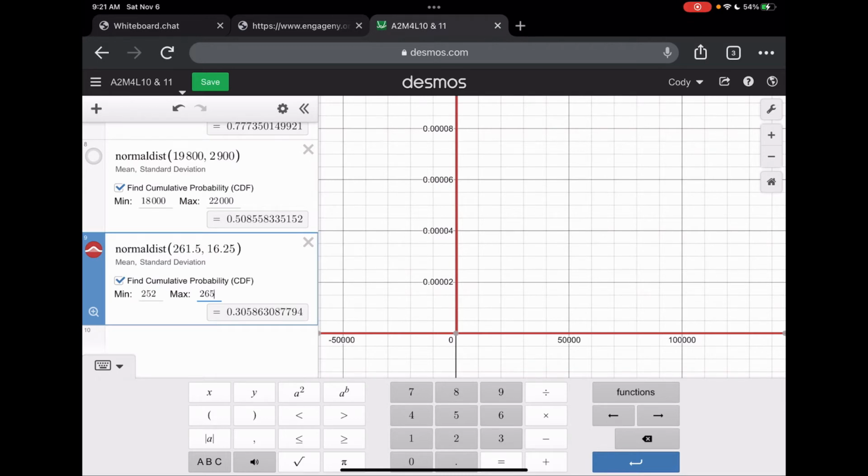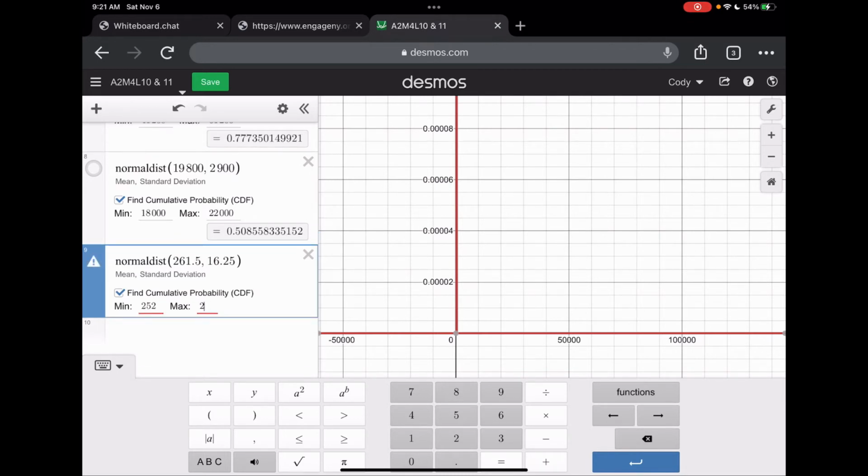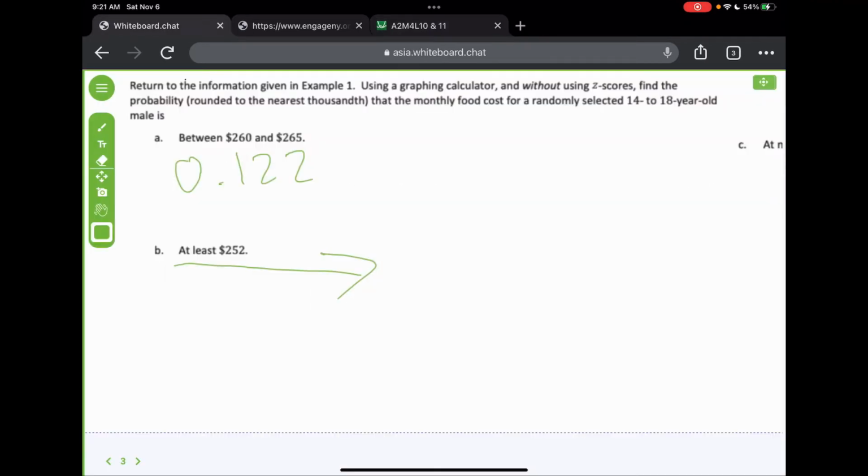And I'm going to take away this max here, and let's see if it calculates it. Okay, it does. You don't have to type in the infinity symbol or anything there. It automatically assumes if nothing's there that it's going to infinity, so that would be 0.72. So you've got about a 72% chance of it at least costing that. We'll call it 0.721. Okay?